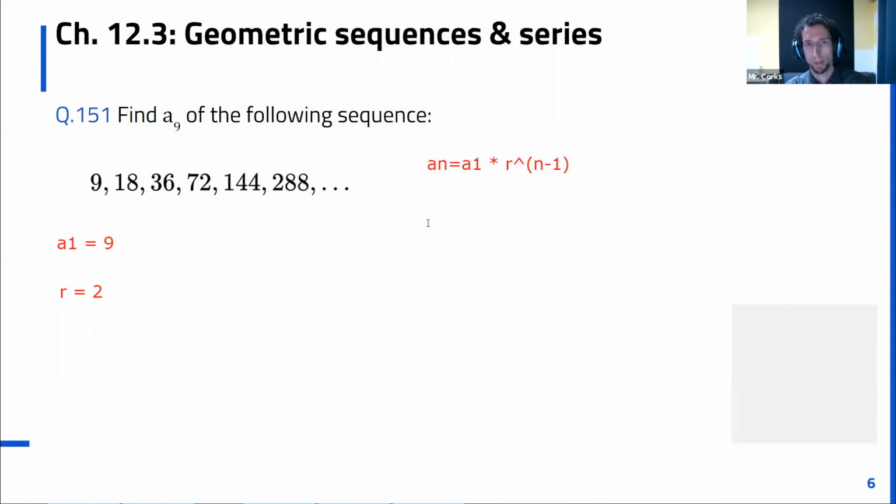So A9 is equal to 9 times our R value, so 2 to the exponent n minus 1, which is 9 minus 1, so 8.